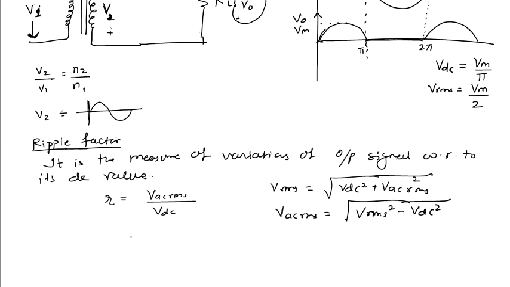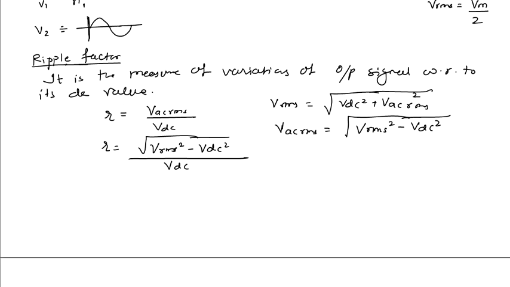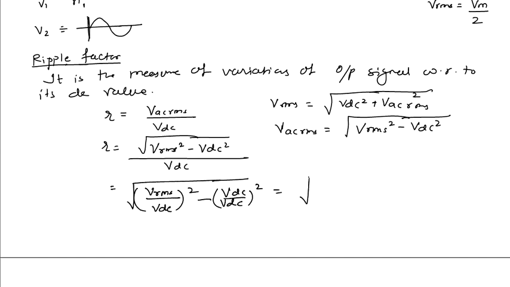So the ripple factor R will be equal to under root of Vrms square minus VDC square divided by VDC. Now the ripple factor will be under root of Vrms upon VDC whole square, because if this VDC is taken in the root, it becomes square, minus VDC upon VDC whole square. It is Vrms upon VDC whole square minus 1.